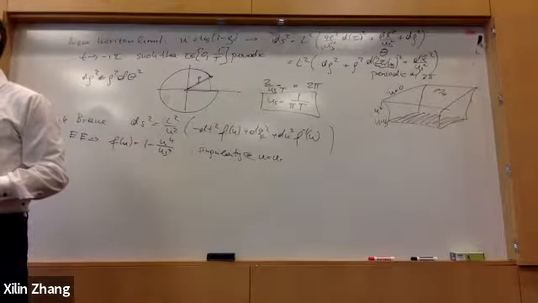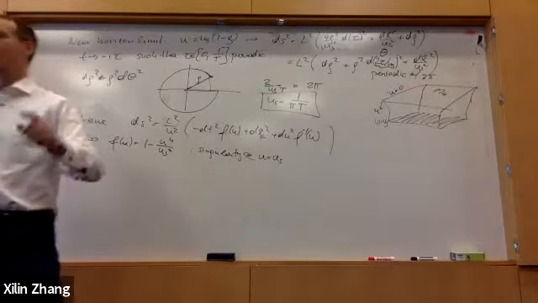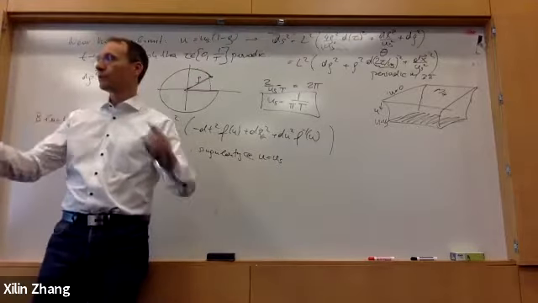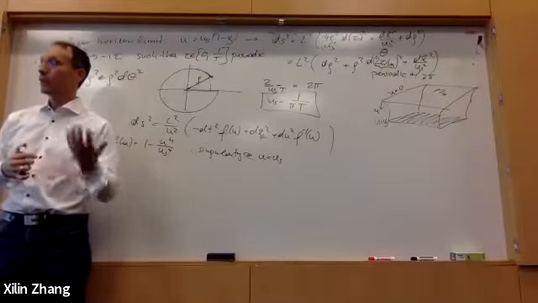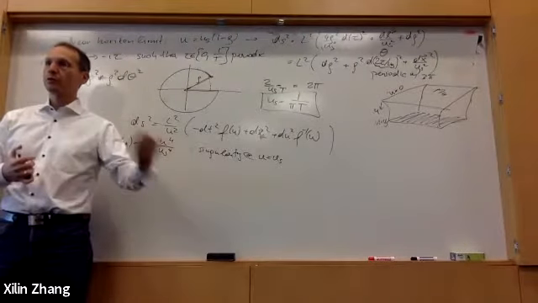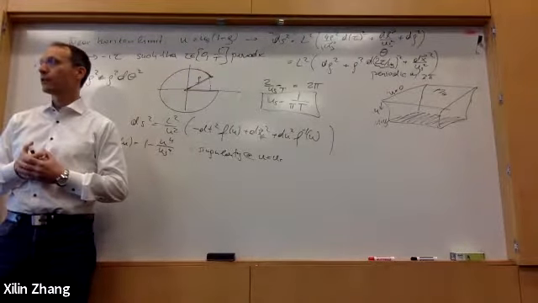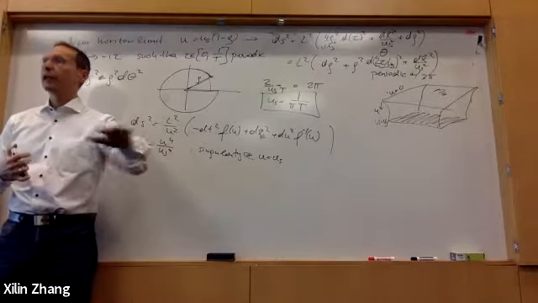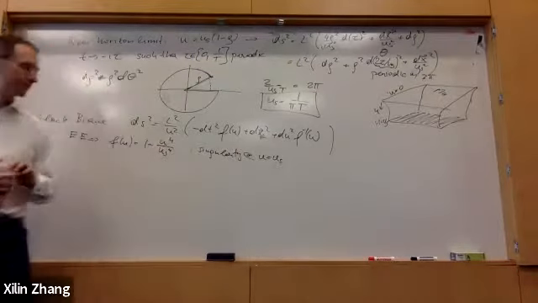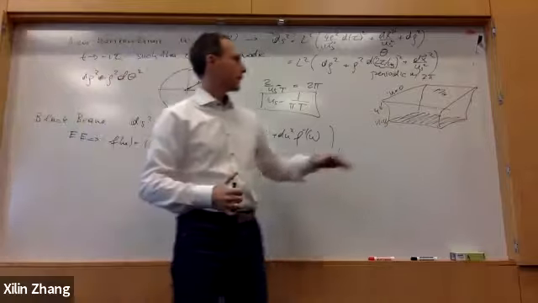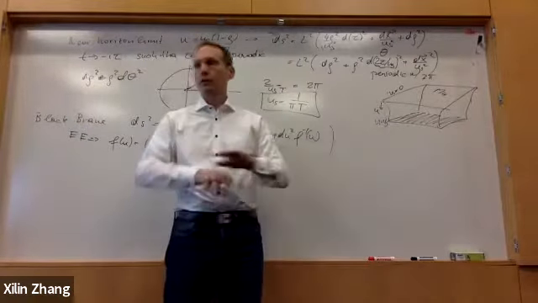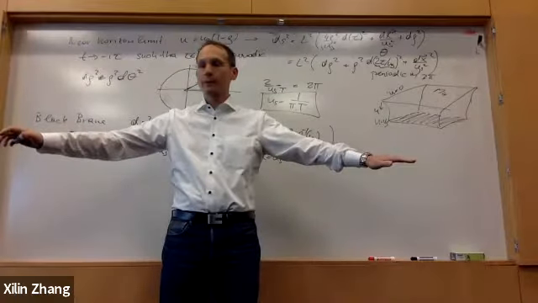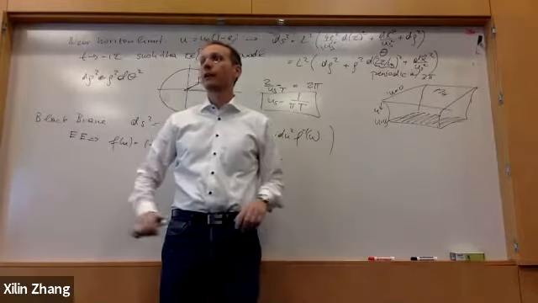So that's the first entry in our dictionary between the fluid and gravity: the Hawking temperature of the black hole, black brane, corresponds to the temperature of the fluid in our field theory. And here it's a global equilibrium situation, so the temperature is globally the same in our fluid, and it's globally the same in our black brane.